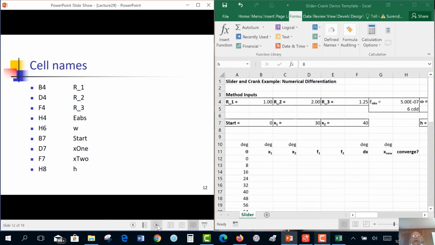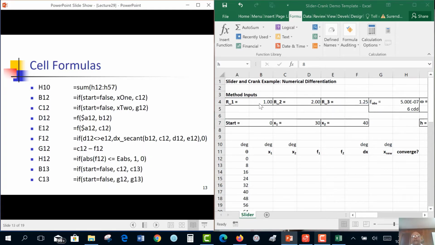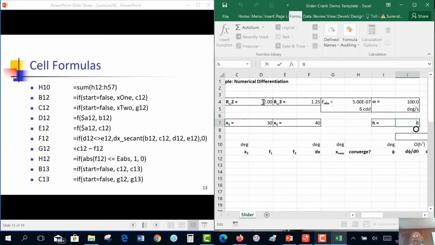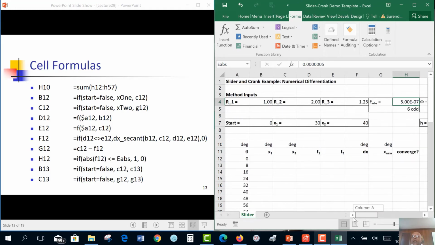Now let's start putting our numbers and formula. So first of all, we were given in our problem statement, R1 is 1, R2 is 2, R3 is 1.25. We want 6 correct decimal digits in our answer. So that's our EABS. And initially we'll make start false.